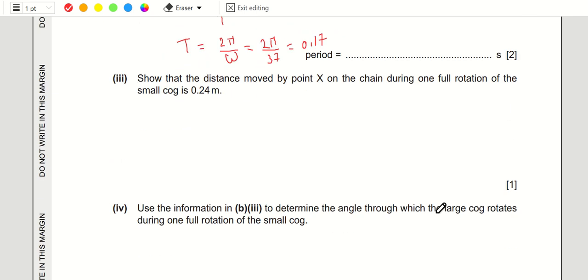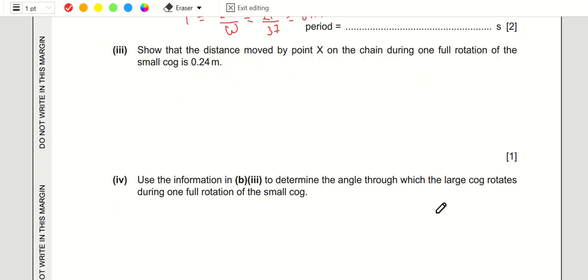Show that the distance moved by point X on the chain during one full revolution of the small cog is 0.24. So during one full revolution of the small cog, the distance moved by a point on the small cog will certainly be the circumference of the small cog, which is 2 pi r small cog.